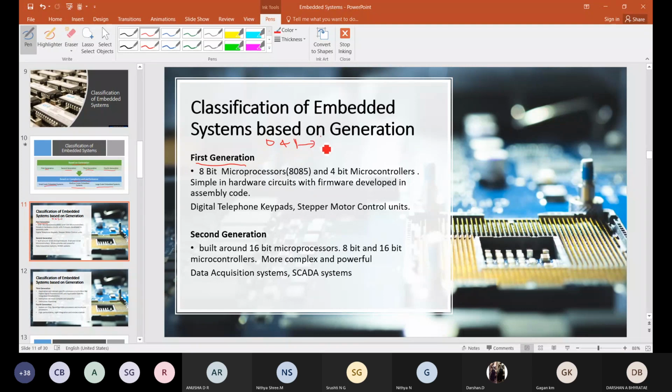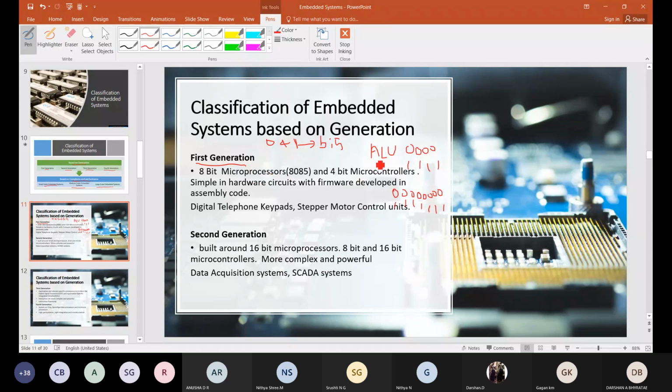We call those bits. But 4-bit or 8-bit microprocessor or microcontroller means it performs the ALU operations, arithmetic and logical operations, 4 bits at a time or 8 bits at a time. 8-bit means a combination from 8 zeros to 8 ones, or 4 zeros to 4 ones.